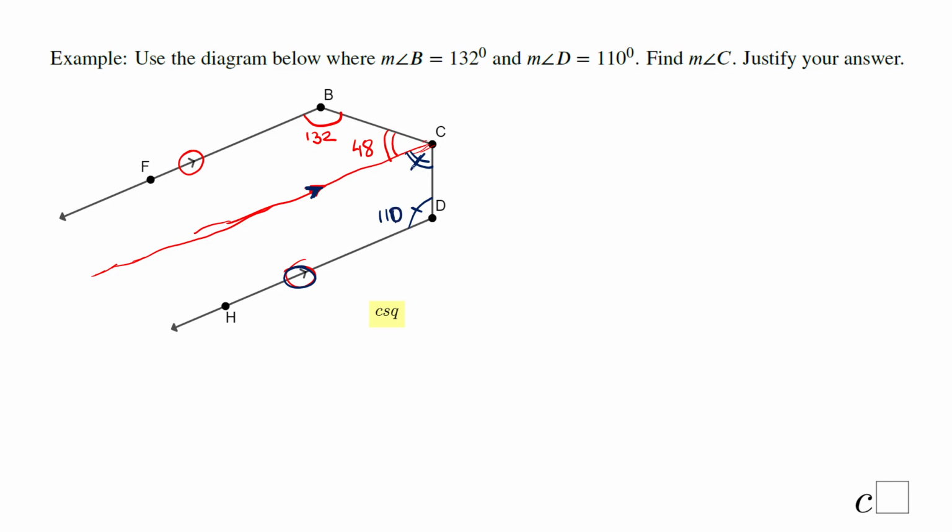So how do we find this one? These two are supplementary. This will be 70 degrees. 110 plus 70 is 180. So how much is the measure of angle C now? That will be 48 plus 70, and that will be 118 degrees.